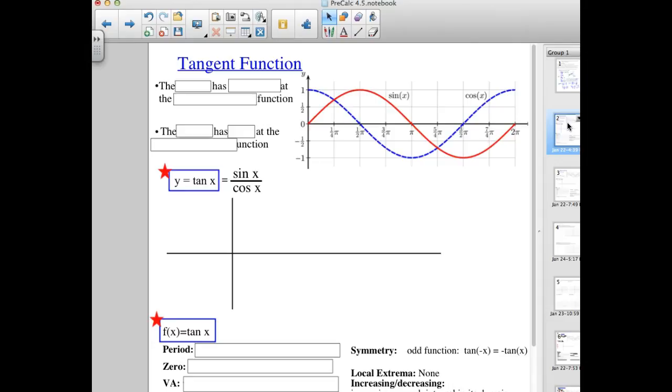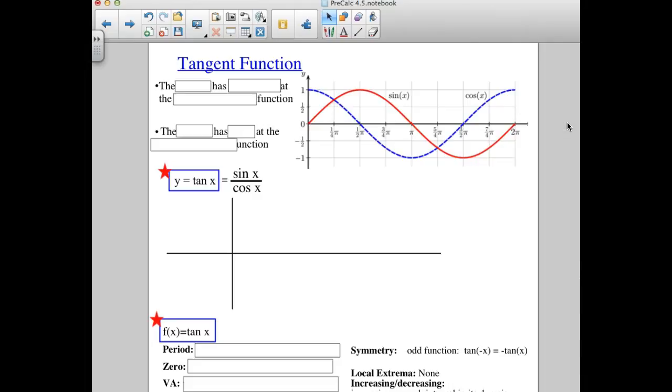When we were trying to take the tangent and it ended up being undefined, what made it undefined? The x-coordinate was 0. Cosine was 0, right? Because tangent is sine over cosine, we can't divide by 0. So tangent has asymptotes wherever the cosine graph was 0.